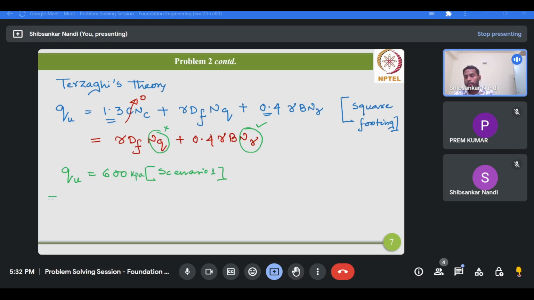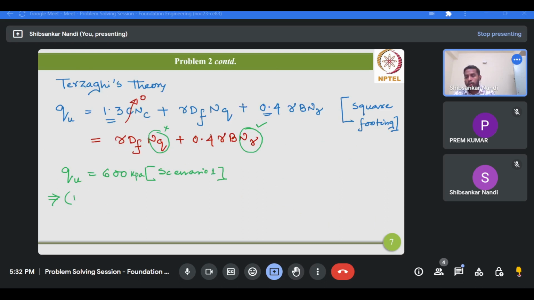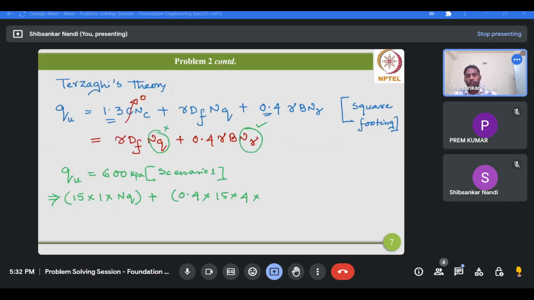Now if you substitute the values, the gamma value is given as 15 kilonewton per meter cube. Substituting these values: 15 multiplied by Df, where Df is 1 for scenario 1, times Nq, plus 0.4 times 15 times 4 times N gamma, and N gamma is given as 18.75, equals 600.